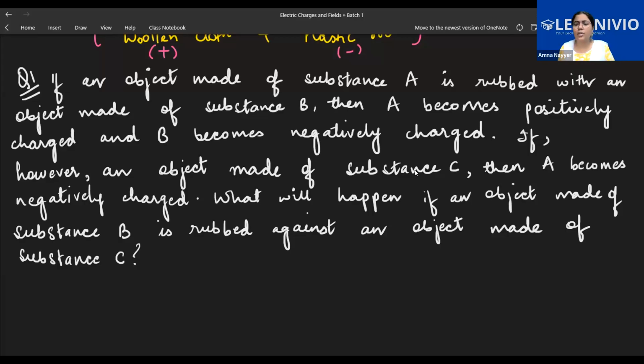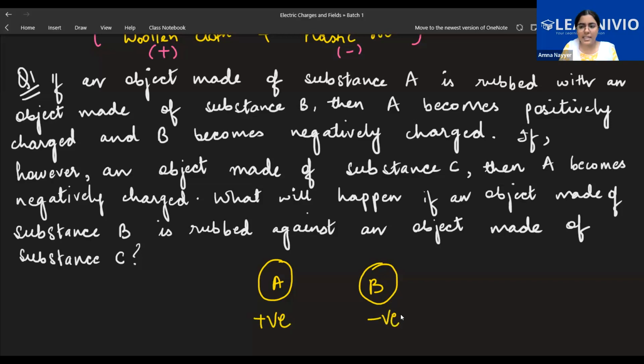These kinds of questions can only come from charging by friction. This says that if an object made of substance A is rubbed with an object made of substance B, they are rubbed against each other. The result is that A becomes positive, B becomes negative.